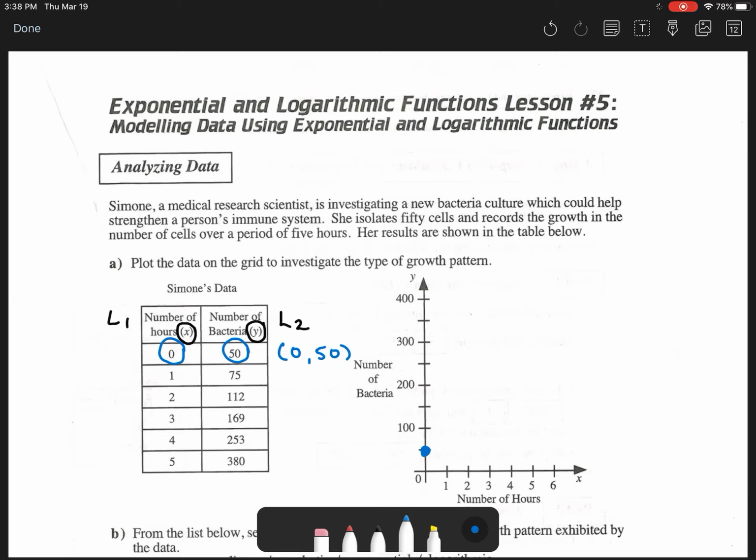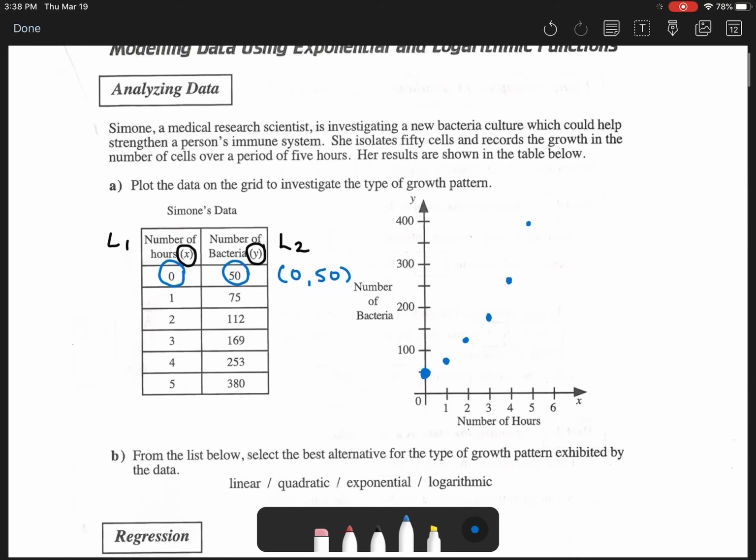The next point will be 1, 75, then 2 and 112, 3, 169, so just past 150 here, 4 and 253, so just past the 250 mark, 5 and 380, so just about 400, and then there are all the data points that we have plotted from the table of values.